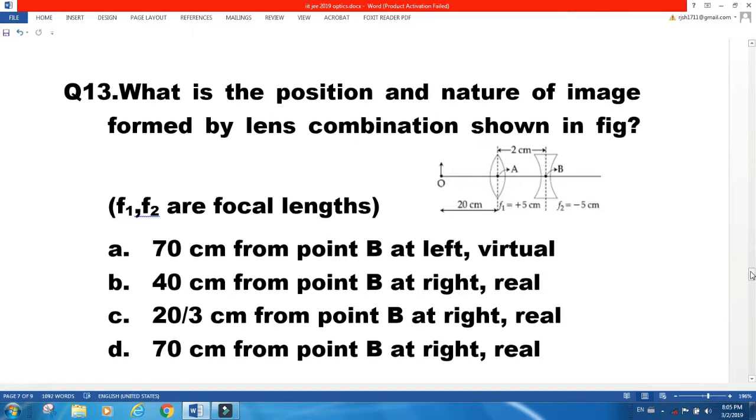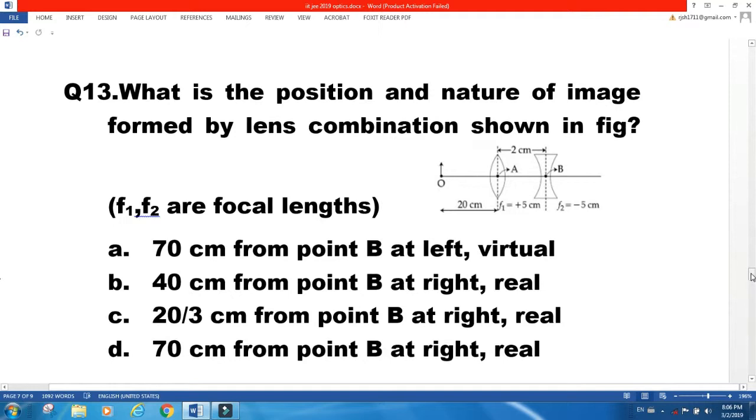Next question is, what is the position and nature of the image formed by the lens combination as shown in the figure? F1 and F2 are focal lengths. So here the figure is like this.